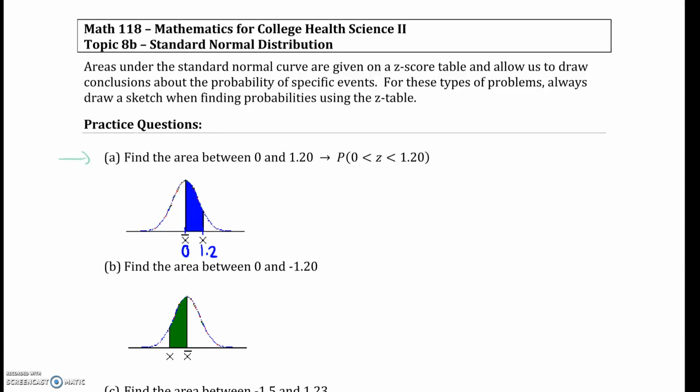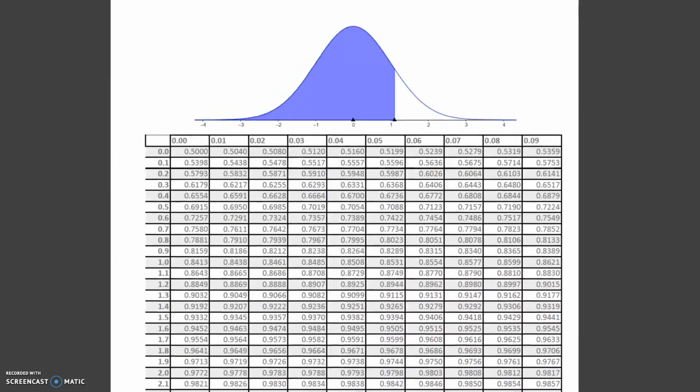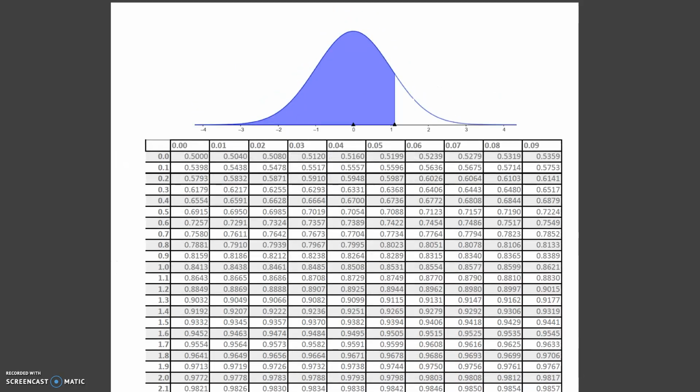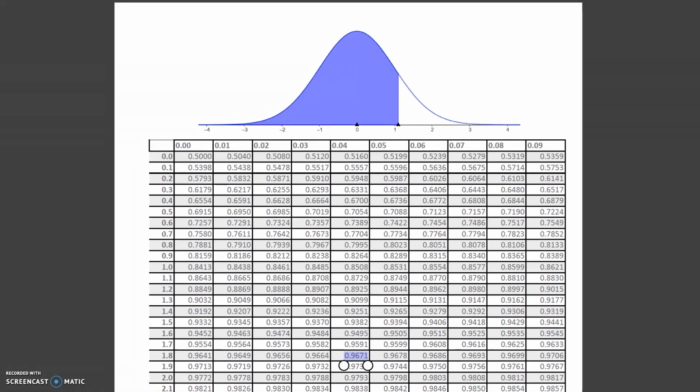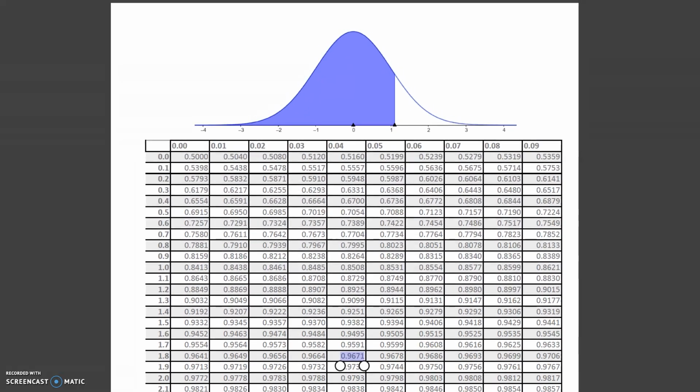So if we look up on our chart, again, positive z values are on the second page. We see that a z value of 1.2 has a value of 0.8849 associated with it.